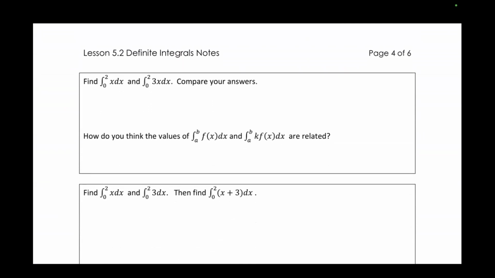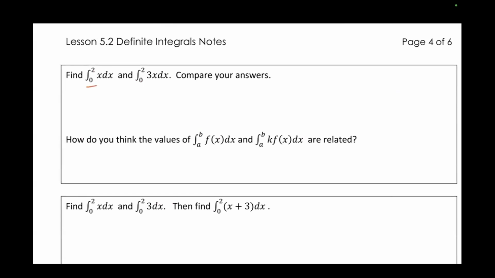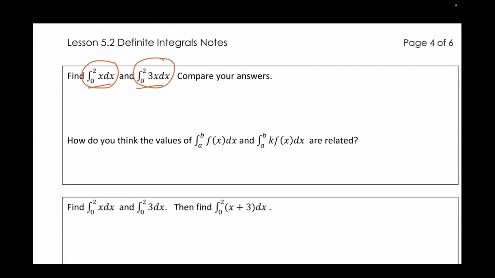There's a couple properties of definite integrals that I want to try and get at next. If we compare these two definite integrals, the only difference is that 3. What I'm wondering is, could I take this integral and just multiply the answer by 3 to get this answer? So let's try it.